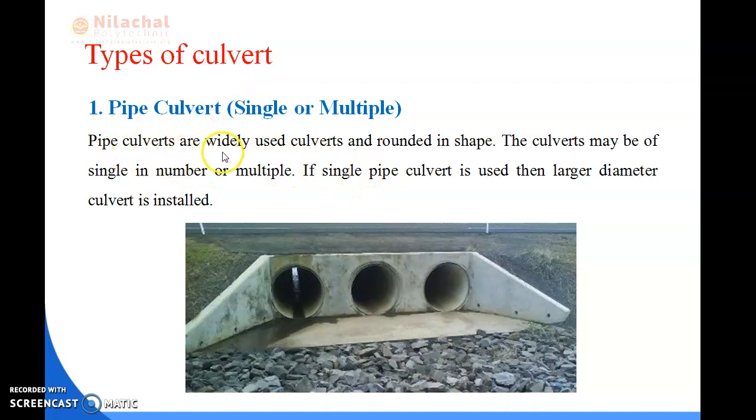Pipe culverts are widely used and round in shape. The culvert may be single in number or multiple. If a single pipe culvert is used, then a large diameter pipe is installed. If multiple pipes are used, then you can reduce the diameter of the pipe.